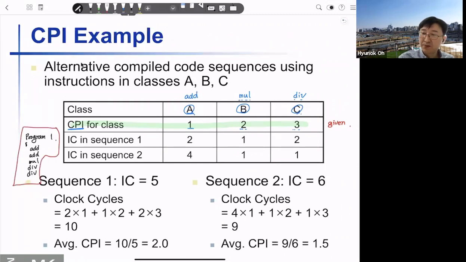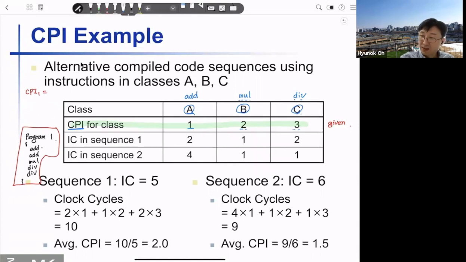What's the CPI value? How many cycles do we need to execute program 1? To execute this program, it takes 9 cycles, right? Because this is single, double, triple.